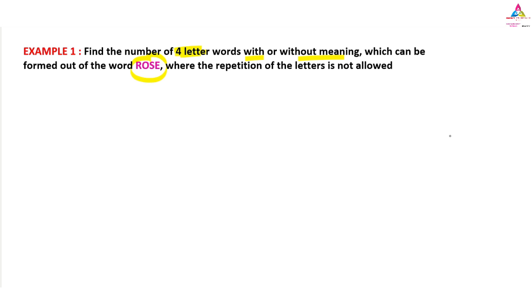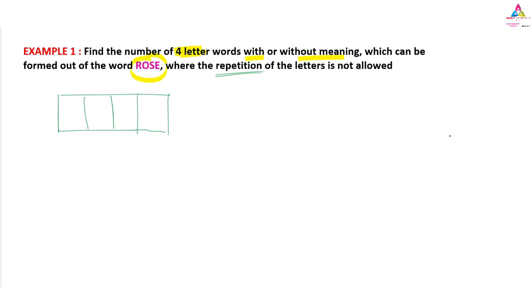And letter repetition is not allowed. That is the important part; here we have to concentrate on repetition, because they have given that repetition is not allowed. What do we mean by repetition? For example, we have to make a 4-letter word, so I will draw 4 blocks here.